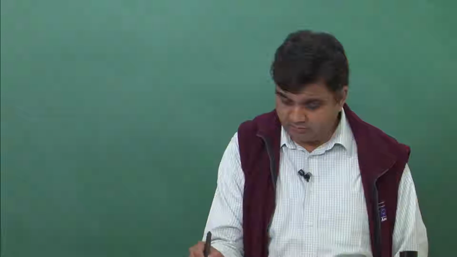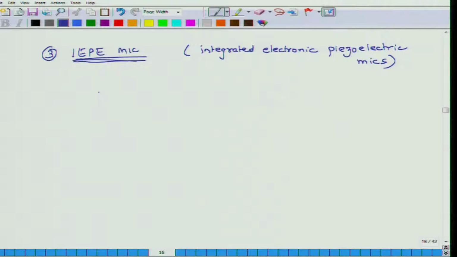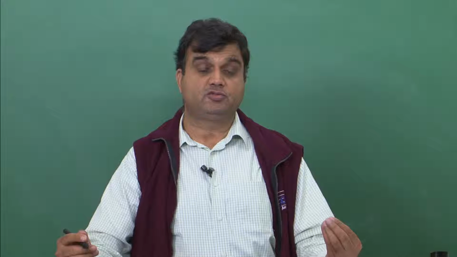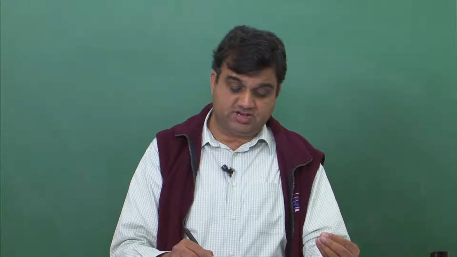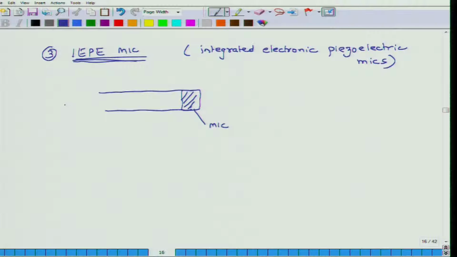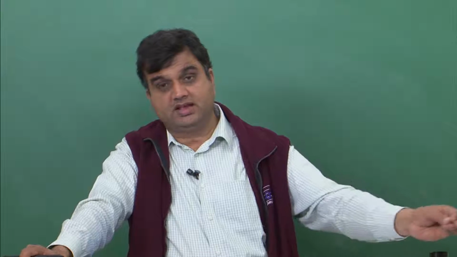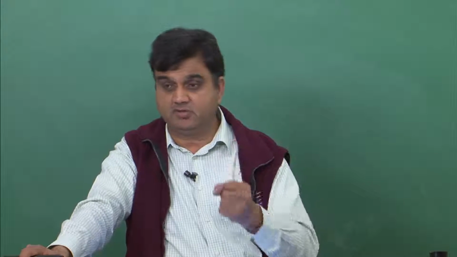If you have this type of microphone, what does this mean? A lot of times you have this mic, and the signal which comes out of a mic is not in volts or millivolts, but sometimes it may be in microvolts, very small. So you have to be careful that if you want to send the signal over a large distance, it may get corrupted due to noise. Before you send it over a large distance, you may want to condition it and make it more robust.